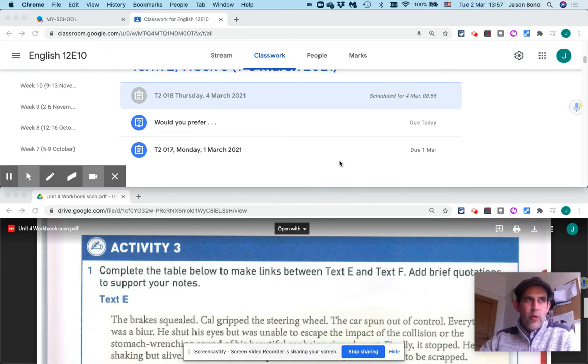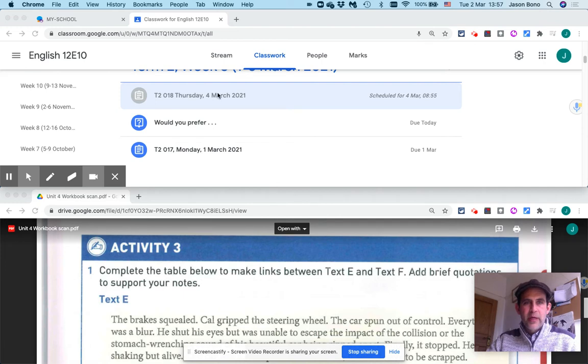For those who weren't tuned into the previous lesson, or just as a reminder, this is task 2 of unit 4. We've moved on from the writing section and we're now working on reading tasks for unit 4.